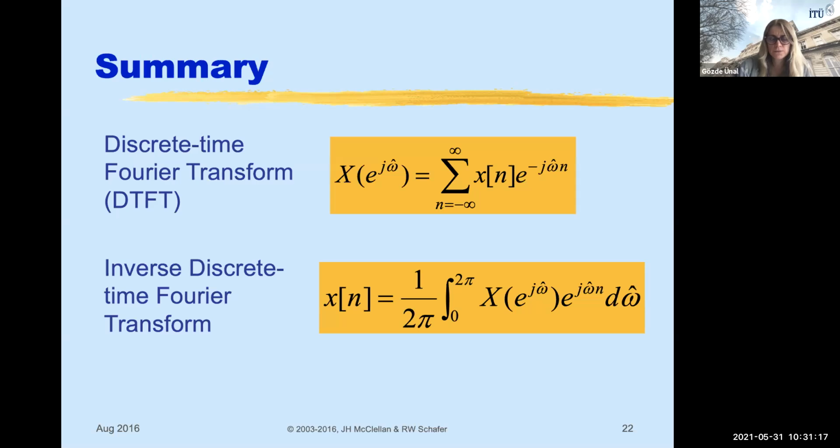Summary of this lecture this hour: we've defined the discrete time Fourier transform, right? It's a Fourier transform for a discrete time signal like this, x of n, and the inverse discrete time Fourier transform now gives me, given the Fourier transform X of e to the j omega hat, the way back to the time signal. So this is from the time signal to the Fourier domain representation, forward, and the inverse transform goes from the Fourier domain representation back to the time domain.